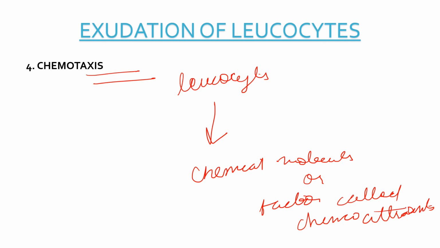What occurs is that after the transmigration of leukocytes, after crossing several barriers to reach the interstitial tissue, it is a chemotactic factor mediated process. Thus the leukocyte moves toward the chemical molecules, and thus the exudation of leukocytes has been discussed.